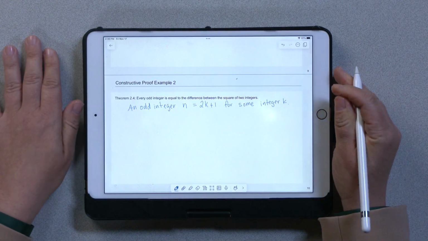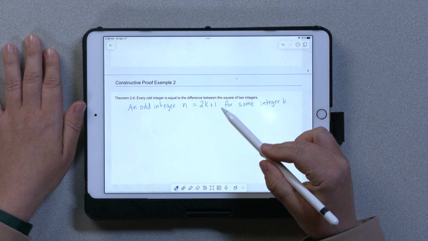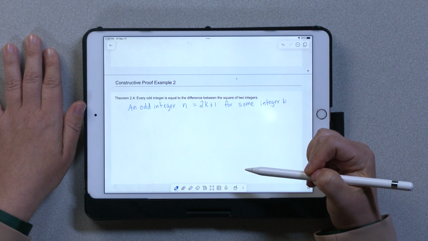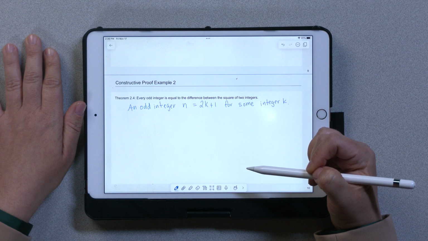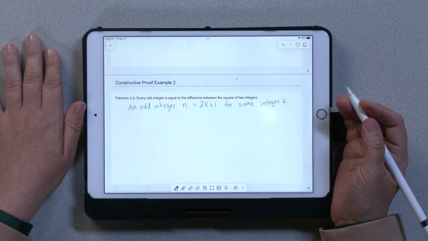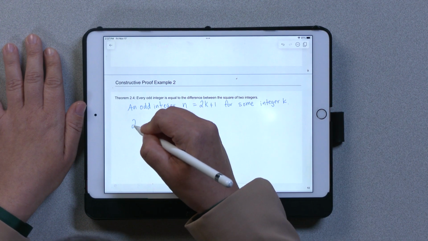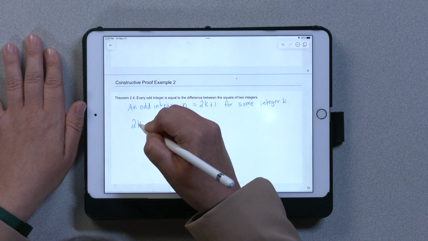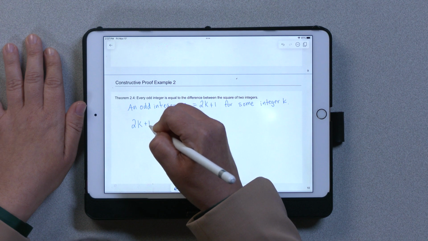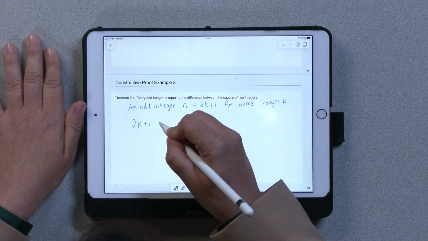And another way to see this is that when we take 2k plus 1 and divide it by 2, we'll have a remainder of 1. So 2k plus 1 modulo 2 would be 1. So that's an odd integer. And we want to show that 2k plus 1 equals the difference between the square of two integers.